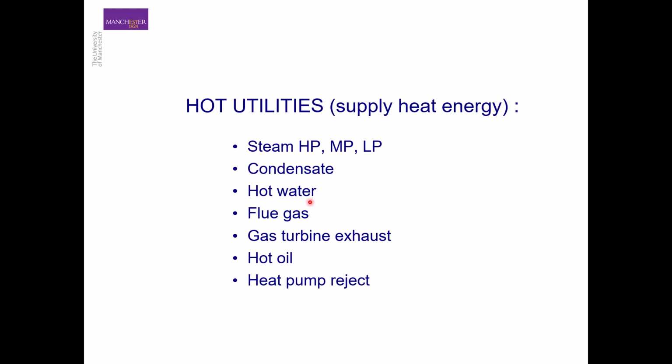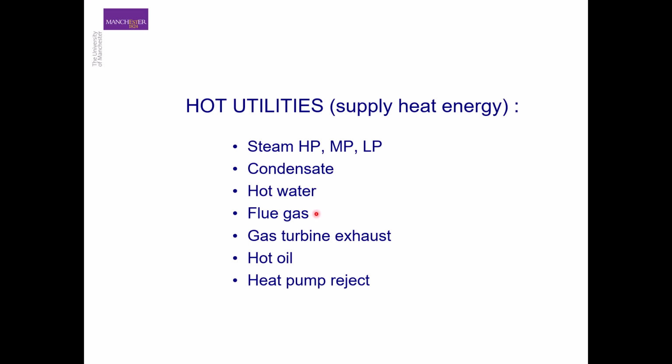We could also use hot water, and it shouldn't be ignored for low temperature heating. So we can use this hot water. We can use the flue gas from our furnace, and this flue gas can be used for a high level of heating, so around 600 degrees centigrade, perhaps even higher than that.